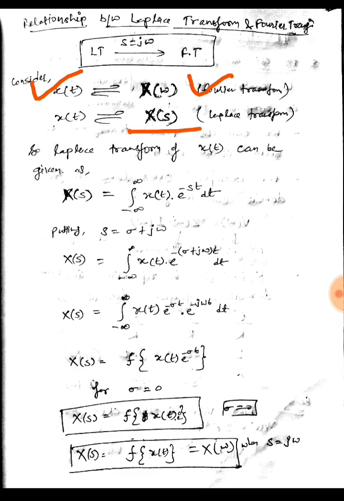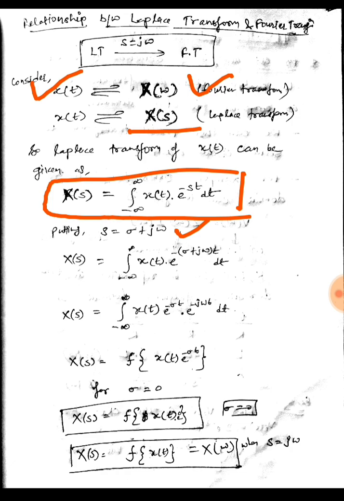So the Laplace transform of x(t) can be given as, we know the formula of Laplace transform, that is, integral from minus infinity to infinity of x(t) into e raised to power minus st dt, where s is the complex variable whose value is sigma plus j omega.